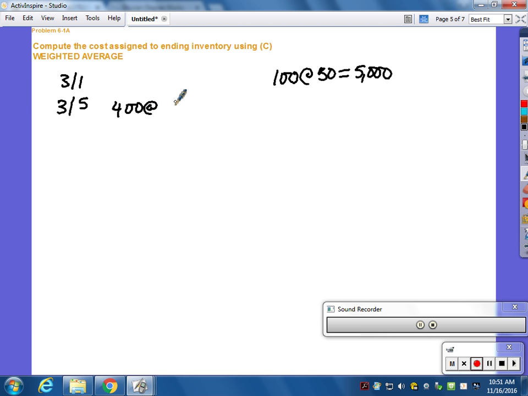At what price? $55, which means now they have that 400 at 55. March 9th, they sold how many units? 420.